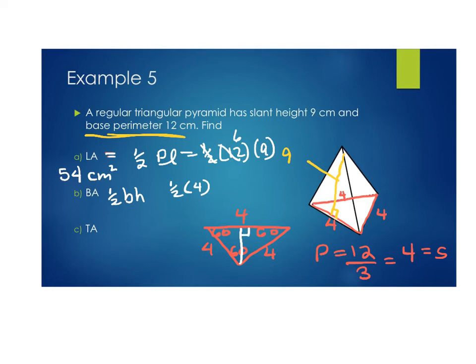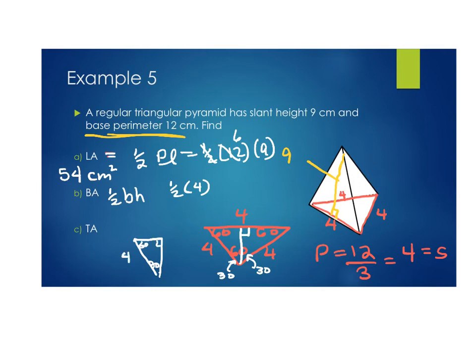Notice once I split my equilateral triangle, now each one of these angles is 30. So now I've just created two 30, 60, 90 triangles. Let me work with one side, and I'll keep it upside down like it's there. So now this is 30, this one's 60, and here's the right angle.